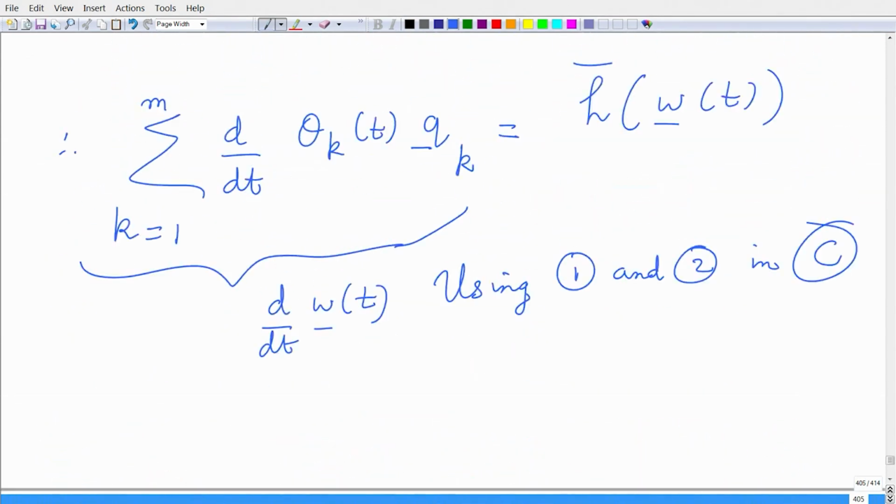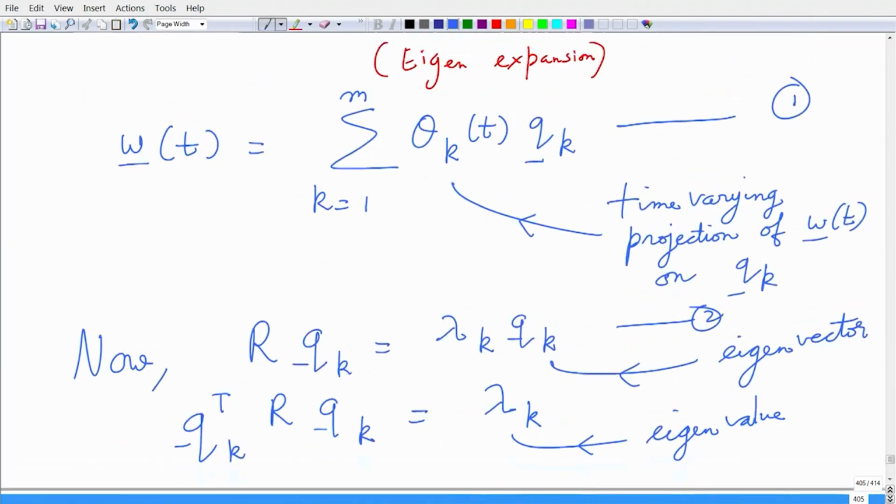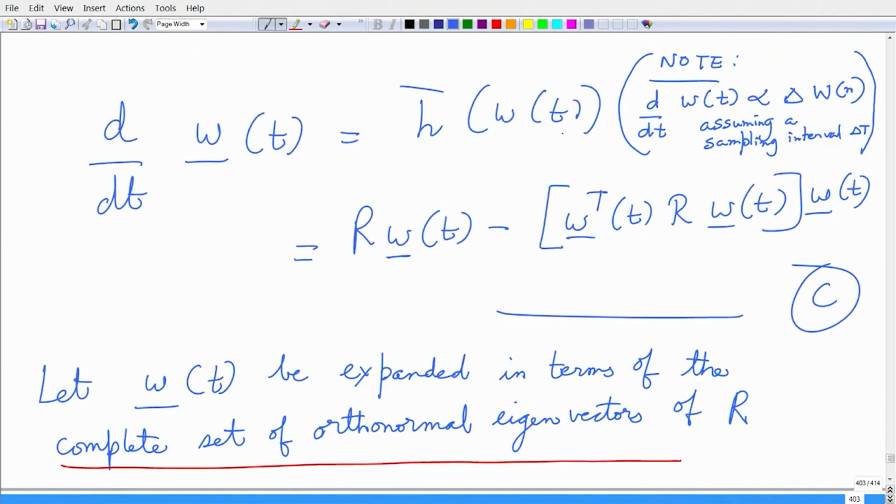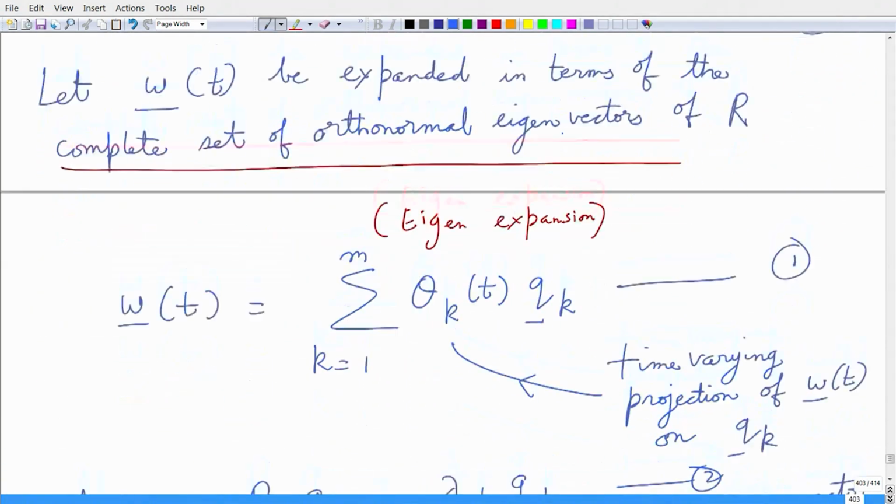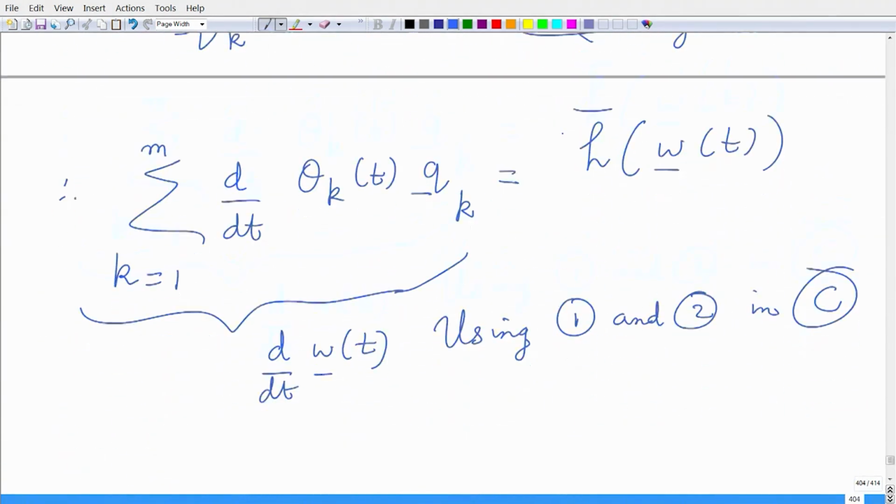If you recall, this h bar of w has two terms: r of w of t, and then the second term, w of t transpose times r times w of t times w of t. So I have to consider all these terms.